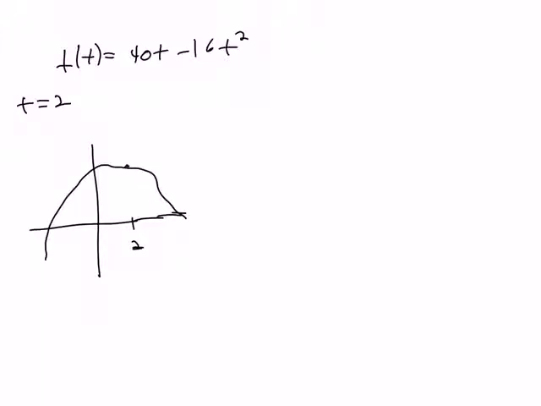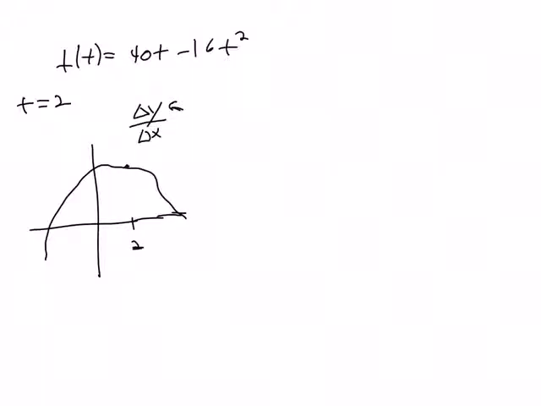So the velocity is basically how much we're changing in the y direction over x. How quickly are we moving in the y direction? Basically it's the slope.